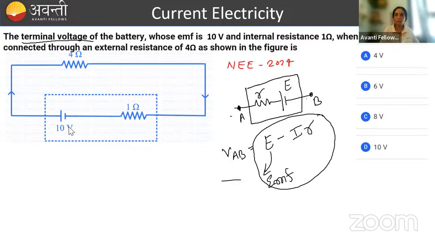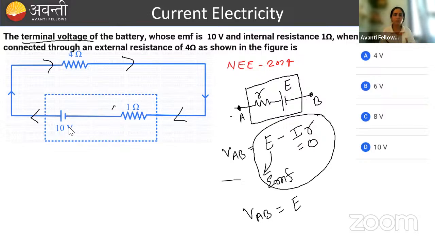yes, JNB Kola, you want to say something? So if there is no current flowing, that is I is equal to 0, then VAB will be equal to the EMF of the battery. But if there is current flowing, in that case, we need to calculate. Okay? So first calculate current in this case. So here, current must be flowing like this.